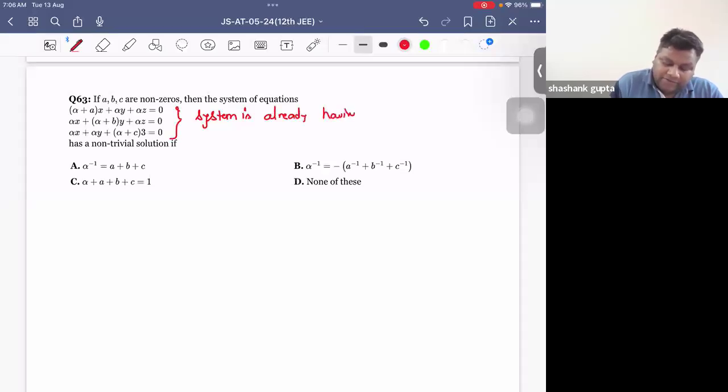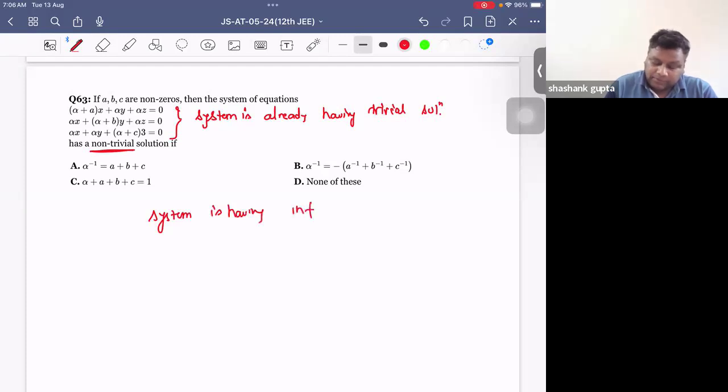Already having 0, 0, 0 as a solution, which we call the trivial solution. Now they are saying the system is also having a non-trivial solution. That means the system is having an infinite number of solutions.